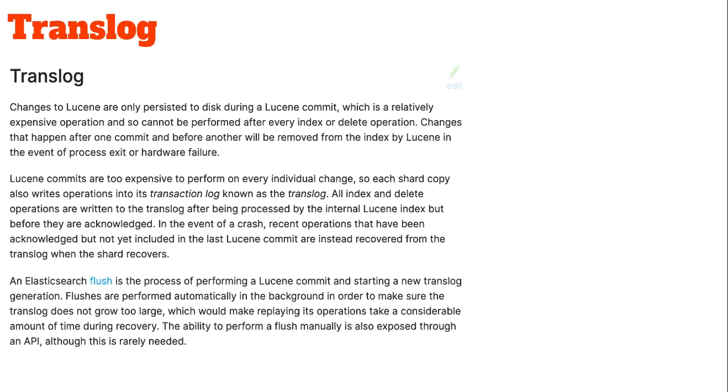So unless it is written to the translog in the primary, and unless the same translog is reproduced in all the replicas, we cannot tell the client that your indexing request or your write request is successful. And in this way, the translog greatly increases the fault tolerance of the Elasticsearch cluster. The source of this image on the left is the Elasticsearch official documentation.